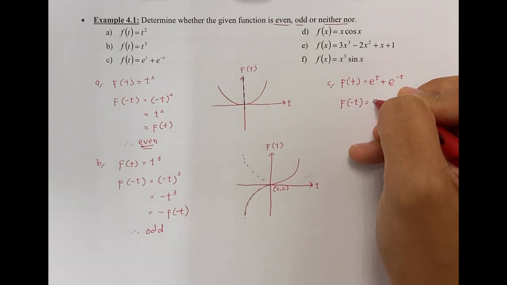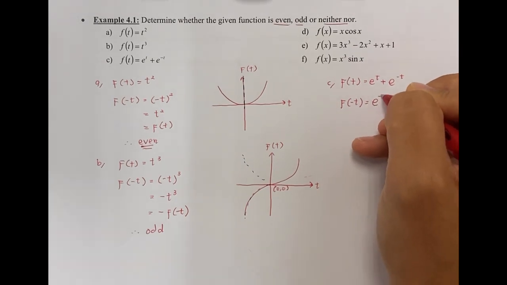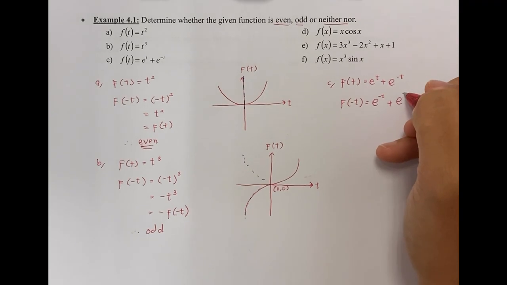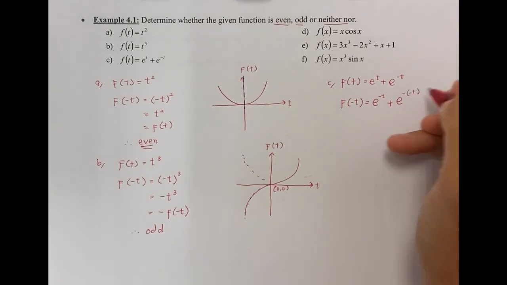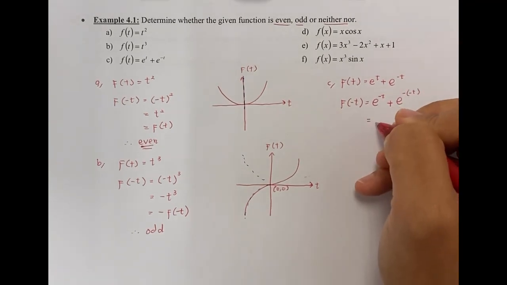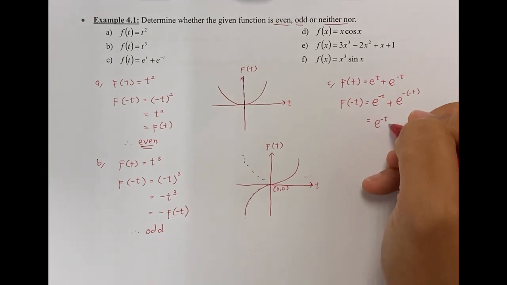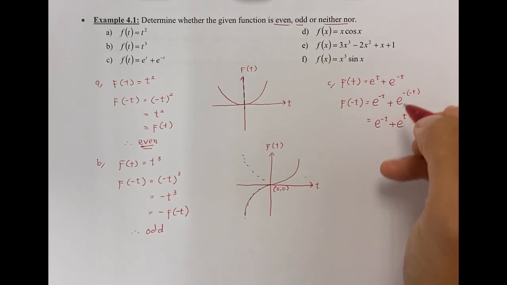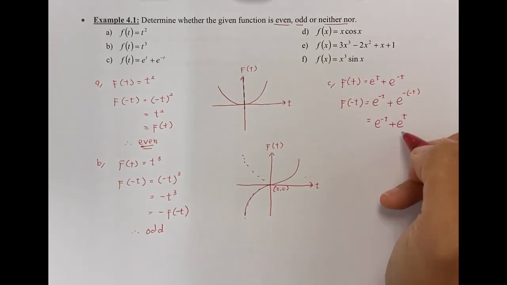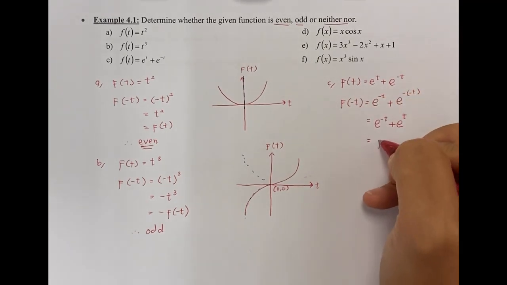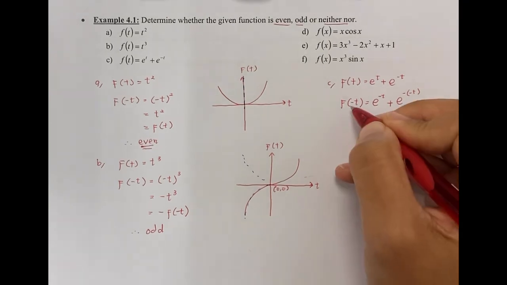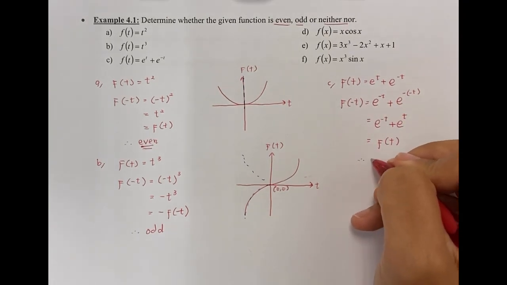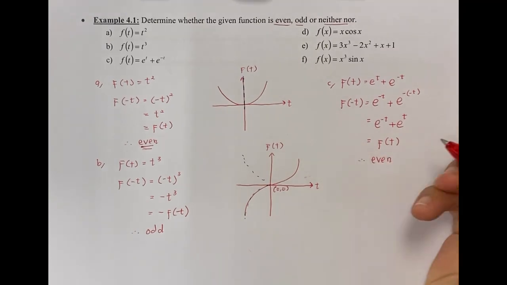Substitute your negative t. So e^(negative t) plus e^(negative negative t), and this is equal to e^(negative t) plus e^(positive t). And if you refer to this, it is equal to your f(t). So f(negative t) equal to f(t), then it is an even function.